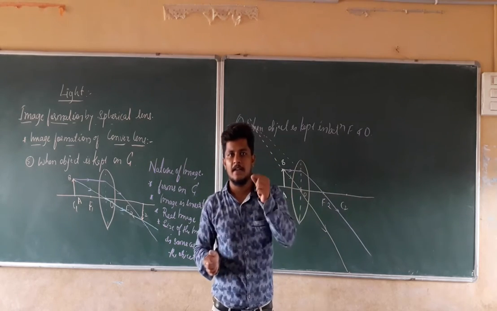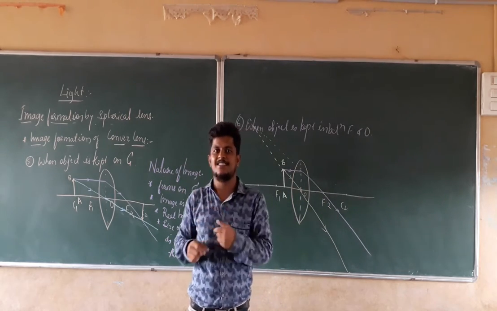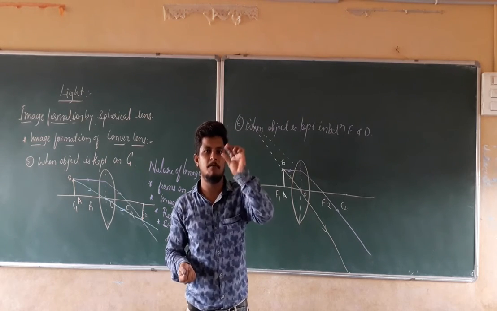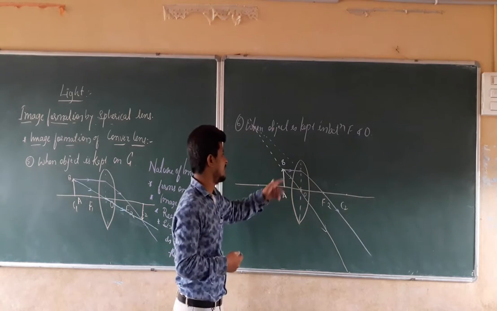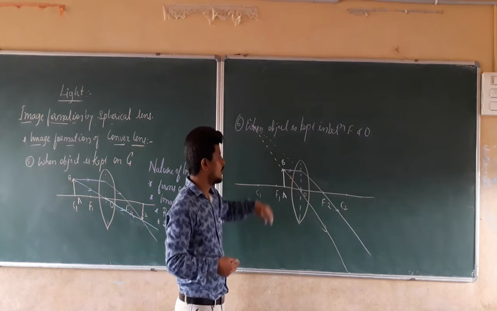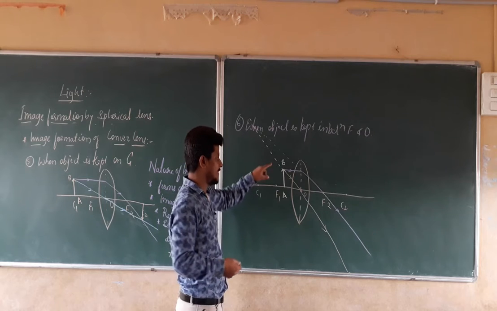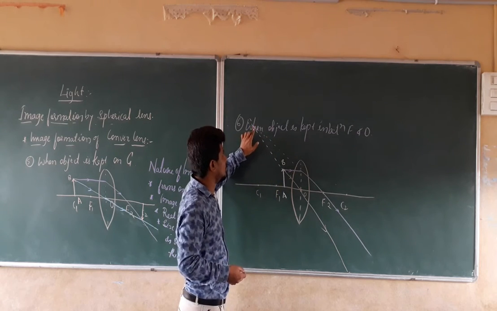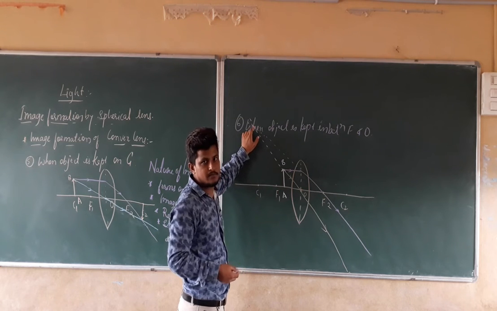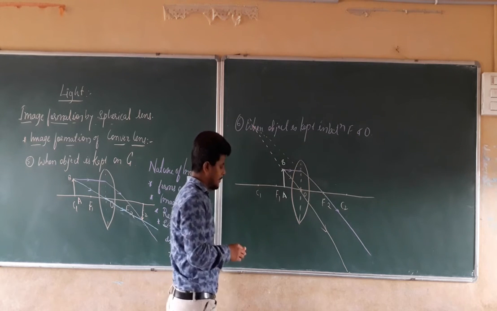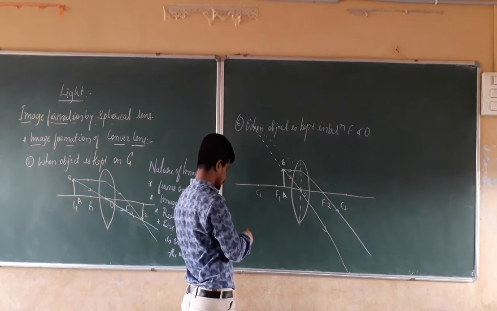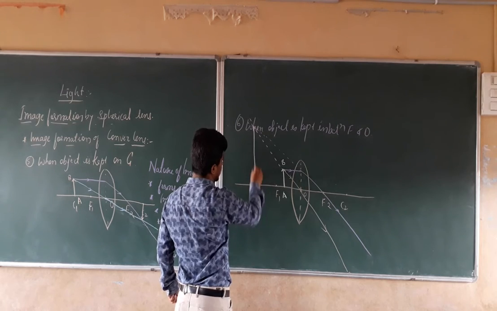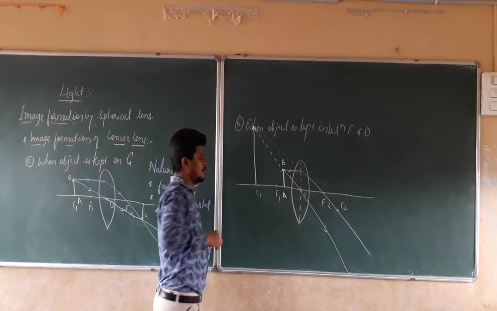That means we can say that both the light rays tend to come from one single point, which is on the left hand side of the lens. When you draw an imaginary line, it is not exactly there, but it tends to come from one single point. That point is nothing but this one. Right? Then the image is going to form here.